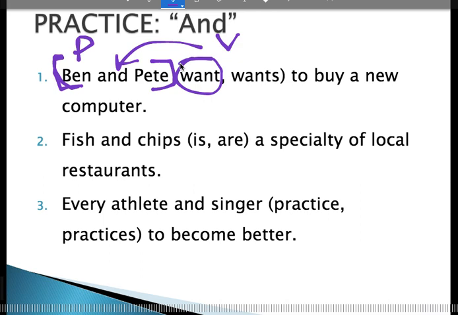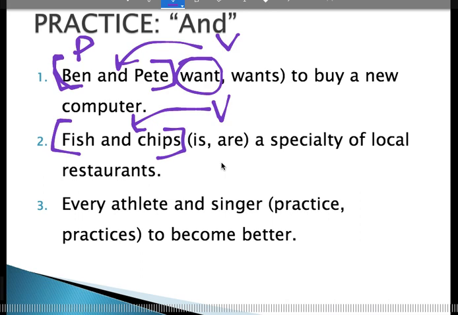So example 2, fish and chips is or are a specialty of local restaurants. So is or are is our verb, so who or what is doing that action? Well, fish and chips. So fish and chips is our subject. Okay. So we have the word and. Well, this is kind of like macaroni and cheese.